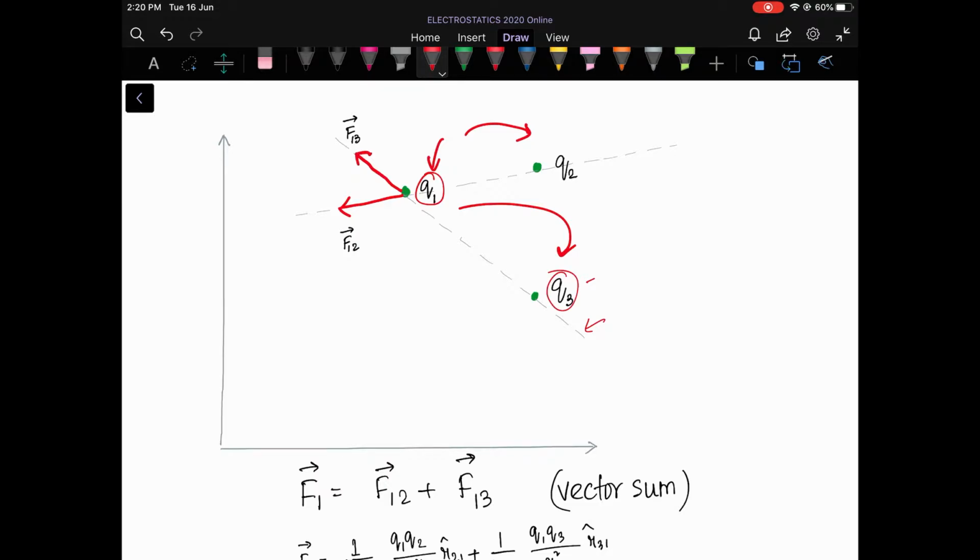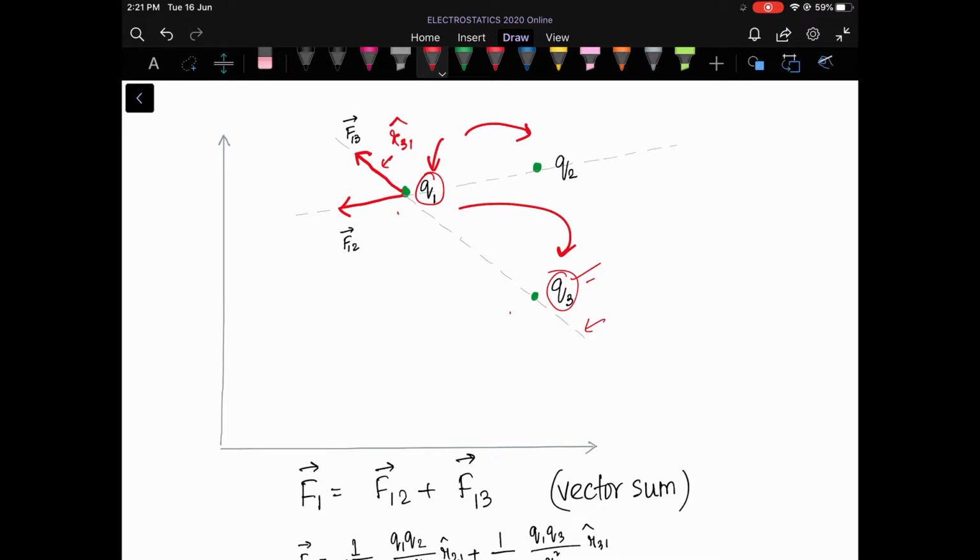And you can see it is directed from the third charge towards your first charge. And again, as I told you, the length of this force totally depends on the value of your Q3 and of course the distance between these two charges. So I could have drawn it bigger or smaller in length, that does not matter right now, but for the time being we'll use this much length.